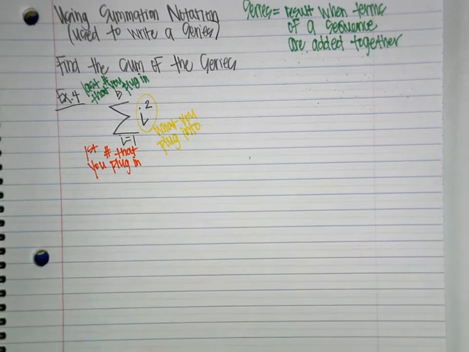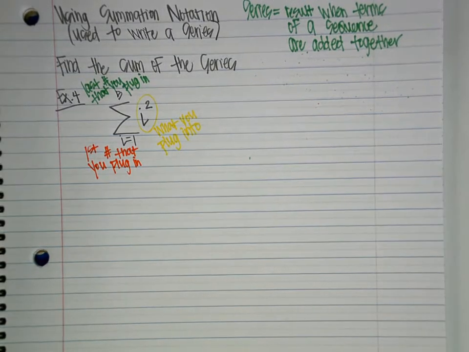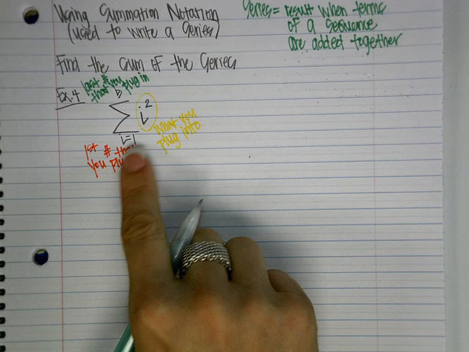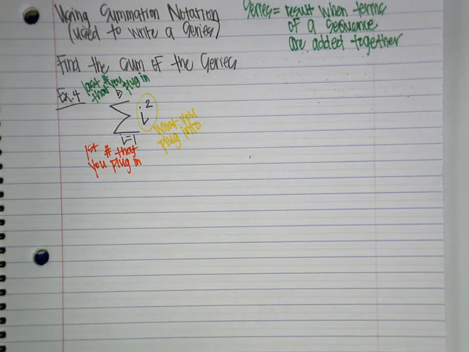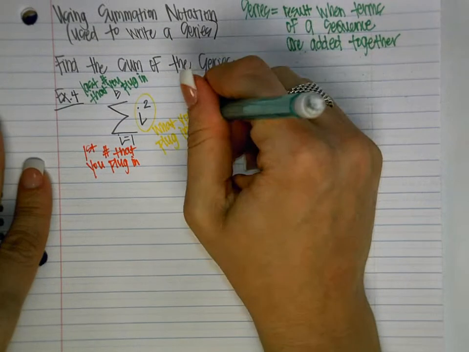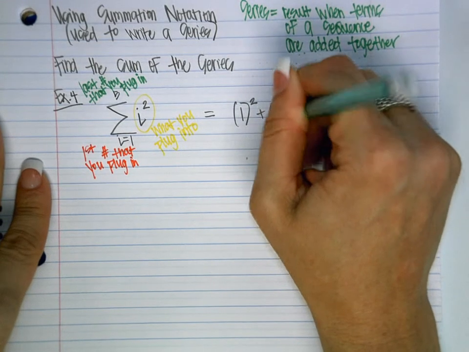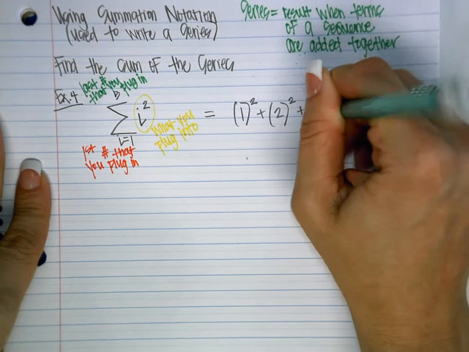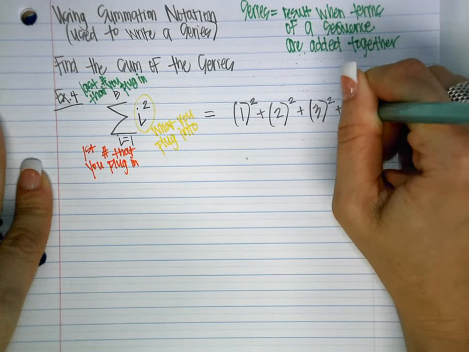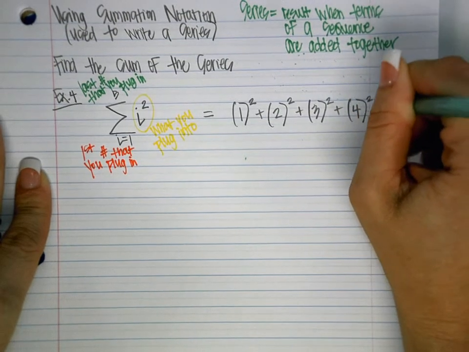Okay, you only plug in whole numbers, so no fractions, no decimals. And then since this is summation, that means add them all together. So that is going to equal 1 squared plus 2 squared, 3 squared, plus 4 squared, and all the way up to 5 squared.